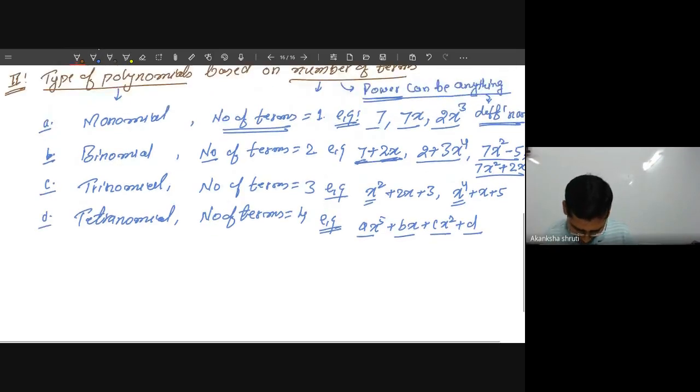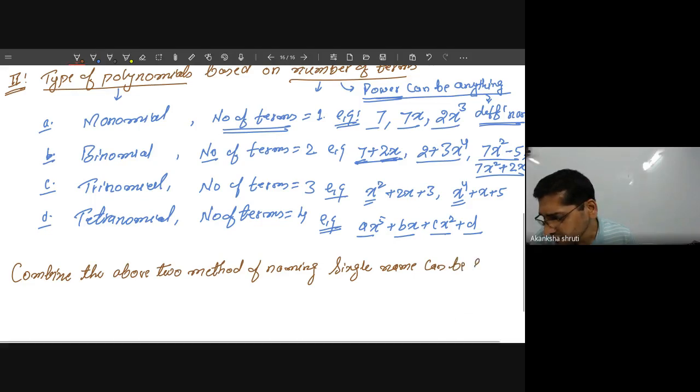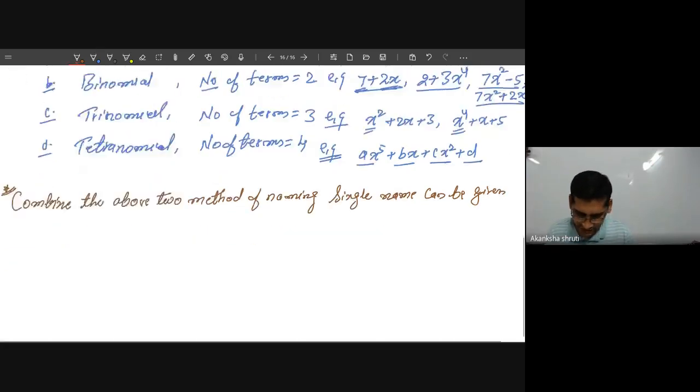So write: combining the above two methods of naming, a single name can be given. Okay, student. So this is the important thing. So how to combine and how to get it? Let us see it.